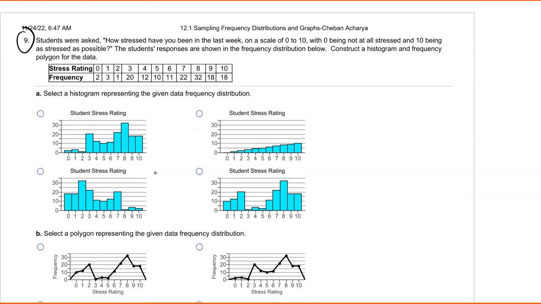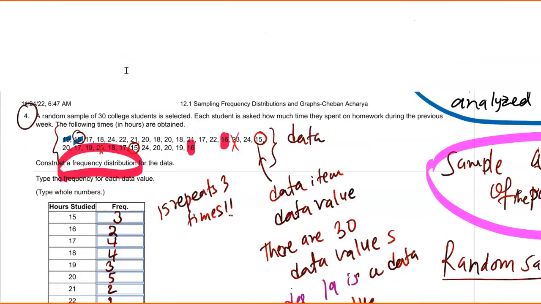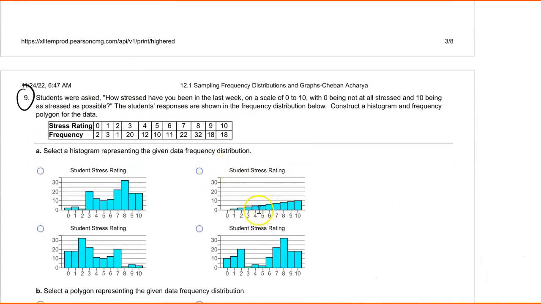Question number 9. The question number 9 is the same type of data as the previous question, stress rating. But in this question, you have to represent this data in a histogram, construct a histogram and a frequency polygon.